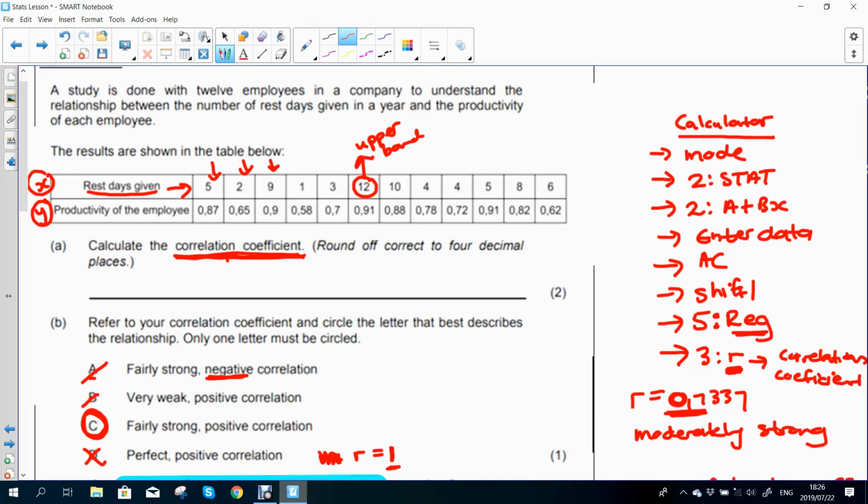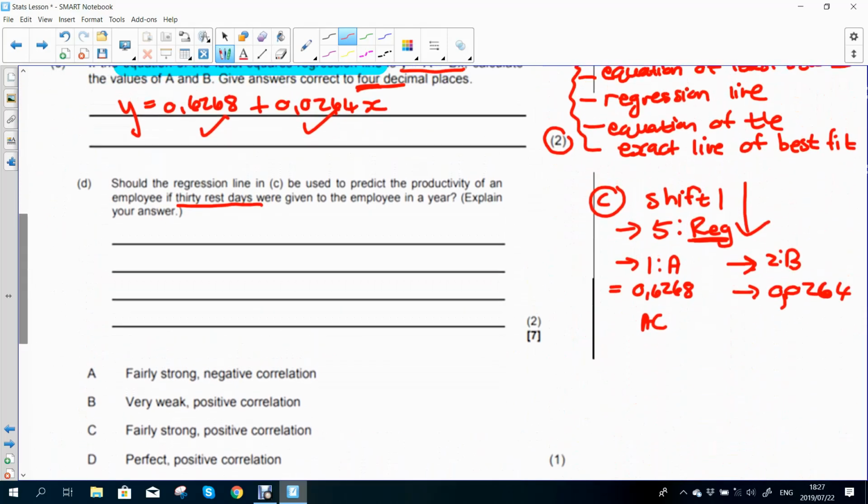Okay, this is the upper boundary of your x values. So now they're asking if I want to now use this equation above and just plug in 30 in here, because x is 30 rest days. Can I trust the answer? Is that valid for me to use?